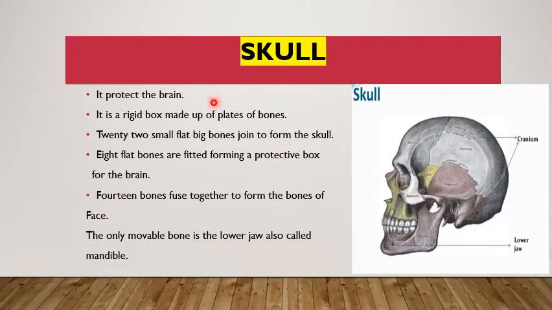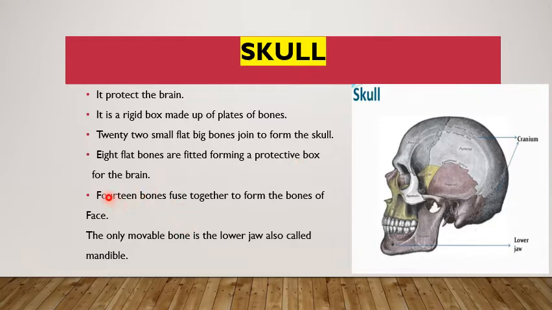Skull. Skull protects the brain. Everybody knows that this hard bony structure is called skull. It is a rigid box made up of plates of bones. 22 small, flat and big bones join to form the skull. 8 flat bones are fitted, forming a protective box for the brain.